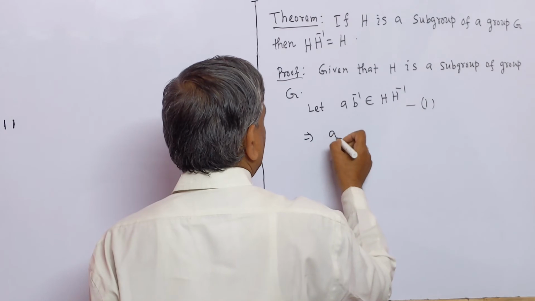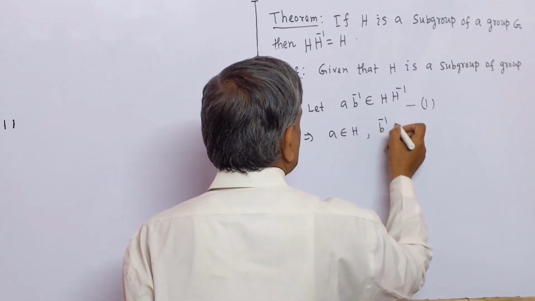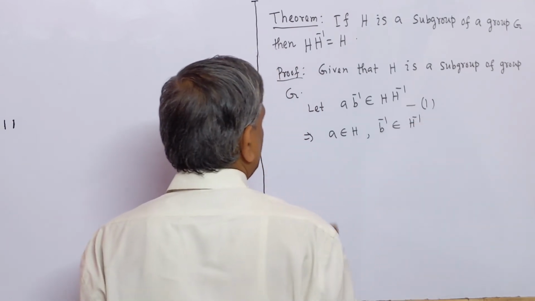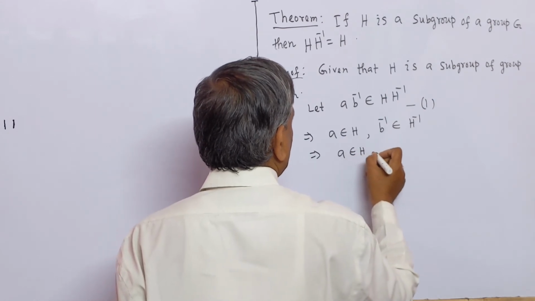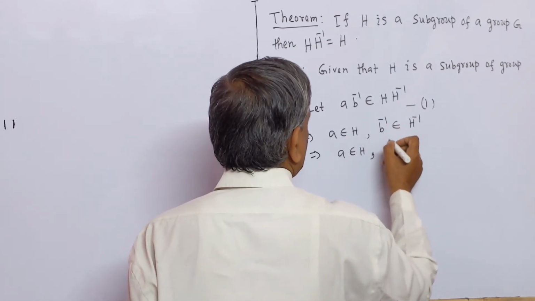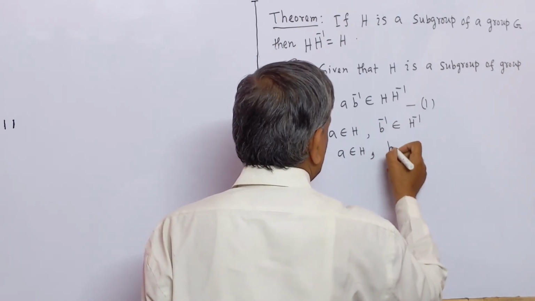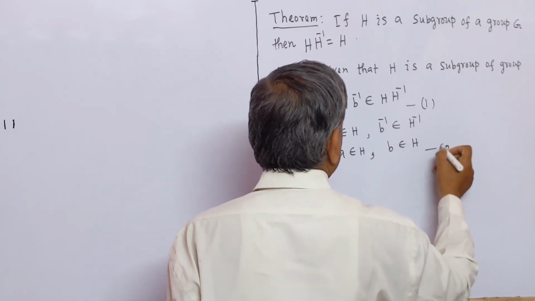It implies that a belongs to H, b inverse belongs to H inverse, implies that a belongs to H, and here b inverse belongs to H inverse, implies that b belongs to H. This is number 2.